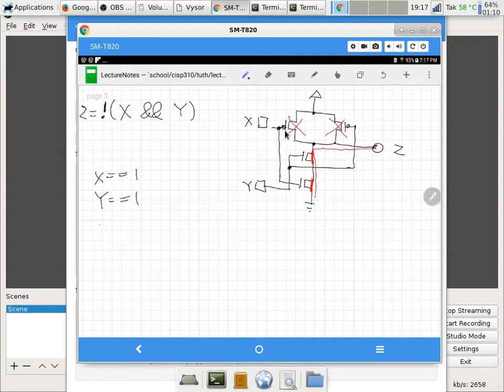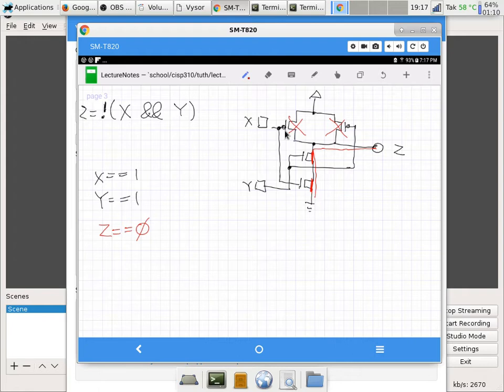If it didn't go to ground, but it was blocked from power, would that cause error readings? Say that one more time. If it was blocked from ground and power? Then it's called floating. Now this particular circuit does not have that behavior.